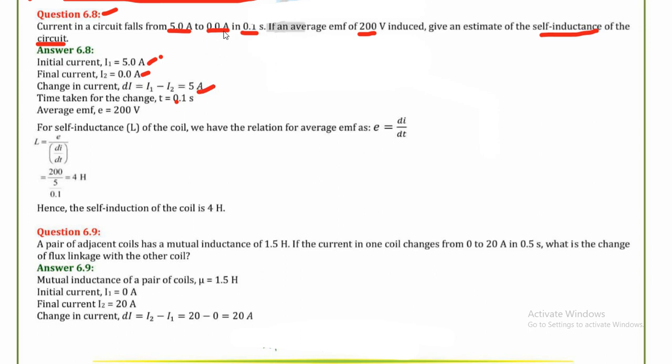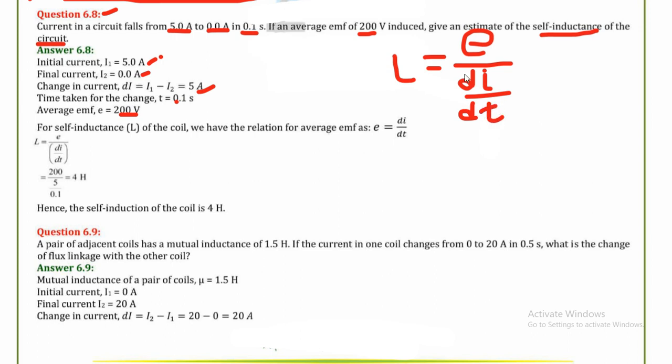We are not taking the negative sign here, we just want the magnitude of the change. And the induced EMF, that is the average value of induced EMF, is found to be 200 volt. Now we are thinking about the formula, how you can find out the inductance. So check the relation between inductance and the induced EMF. You can write the formula L is equal to E by di by dt. This was the formula for inductance L.